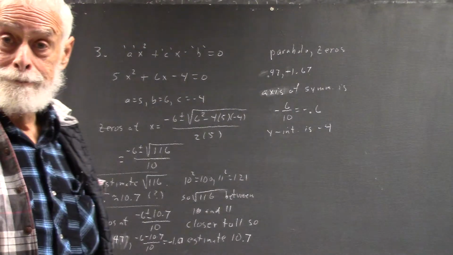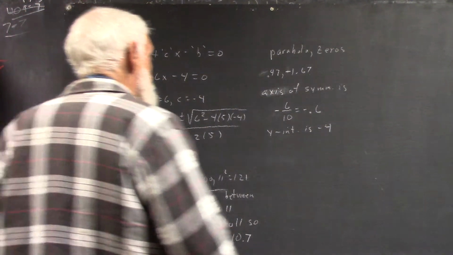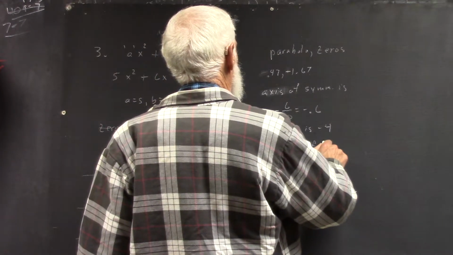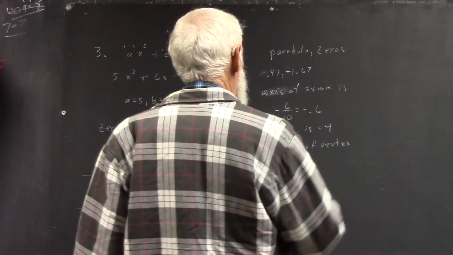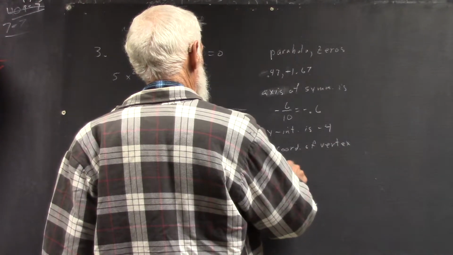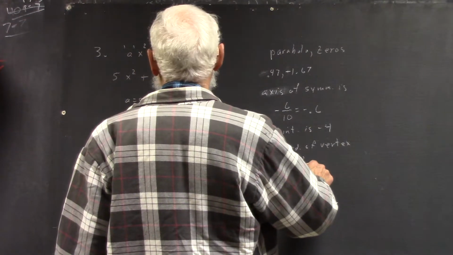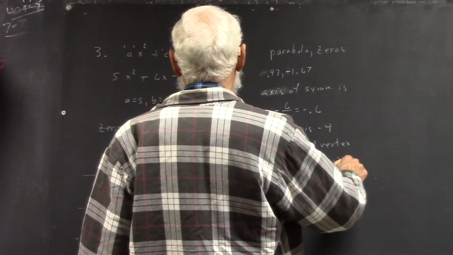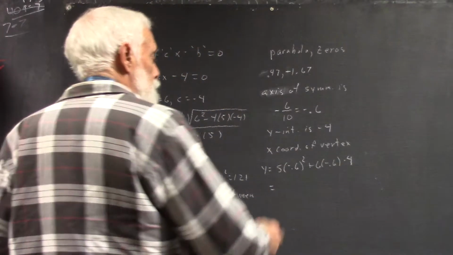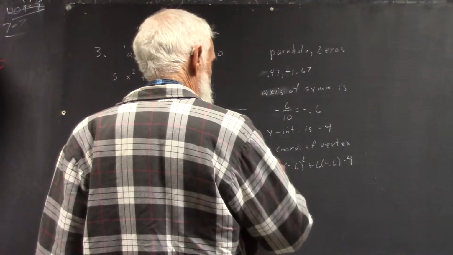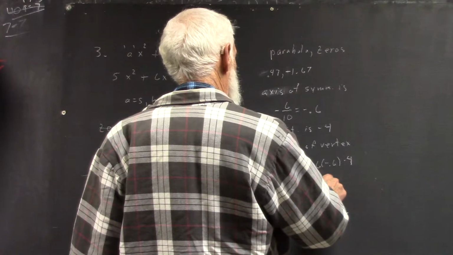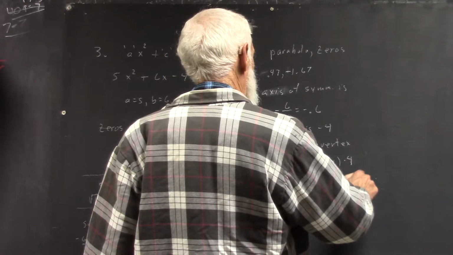Let's plug in 0, right? Plug in 0.6. 0.6 squared is 0.36, times 5 is 1.8, minus 3.6, minus 4 equals negative 5.6.